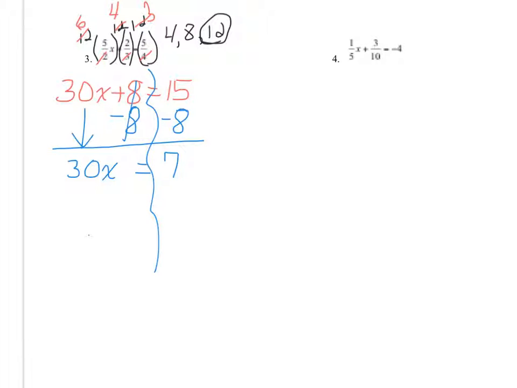Okay. Now I have to combine this 30 with this 7. Opposite sides of the river means opposite operations. So the opposite of multiplying is to divide both sides by 30.